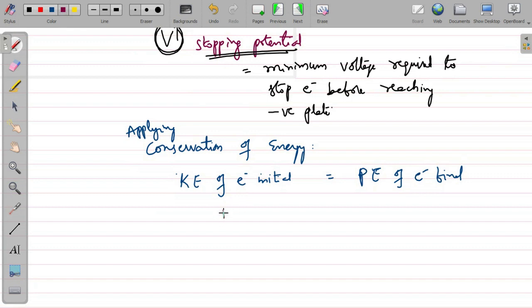So half mv square is equal to e into the stopping potential V0.